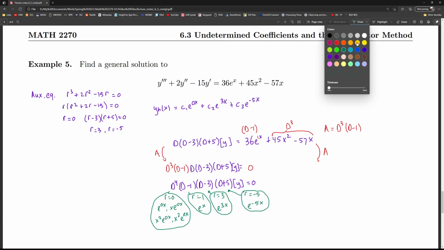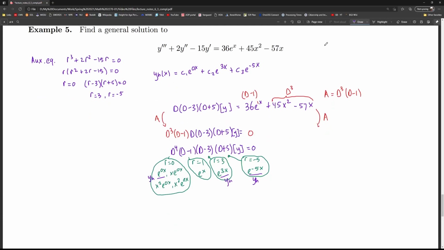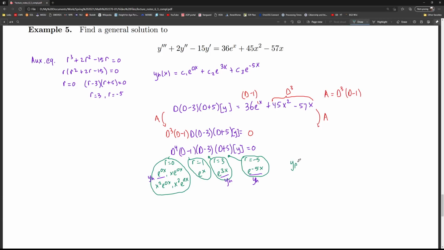Okay, let's keep track of the functions that we already found in the homogeneous case. That's e to the power 0x, e to the power 3x, and e to the power negative 5x. Those are all part of the homogeneous solution. So now, what do we have left for the particular solution to this equation? So our particular solution looks as follows. It's x e to the power 0x.